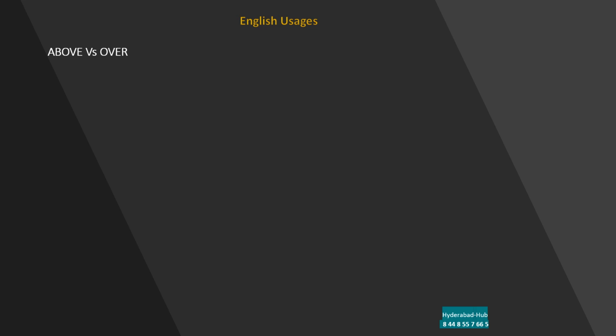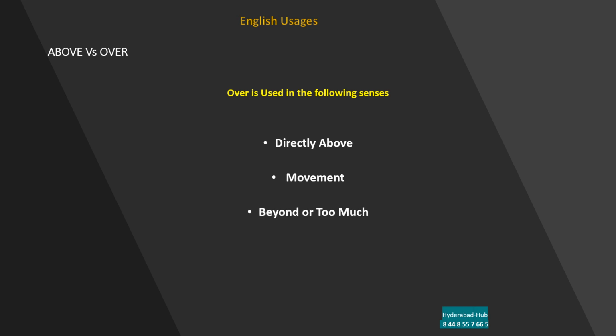Over is used in the following senses: directly above, movement, beyond or too much, more or greater than, covering something, and throughout an area. We can use over in these ways.